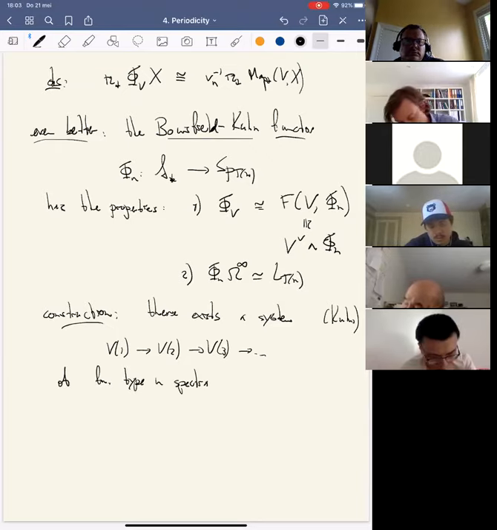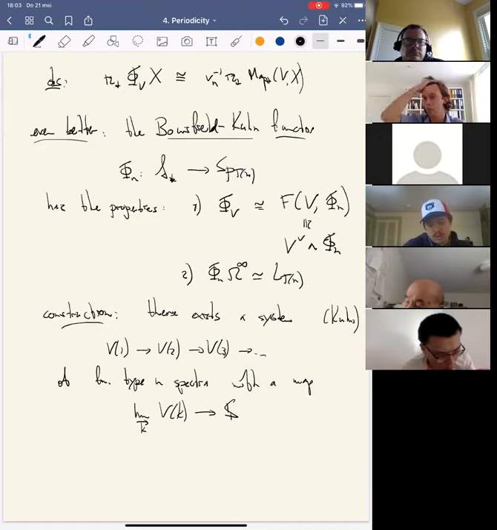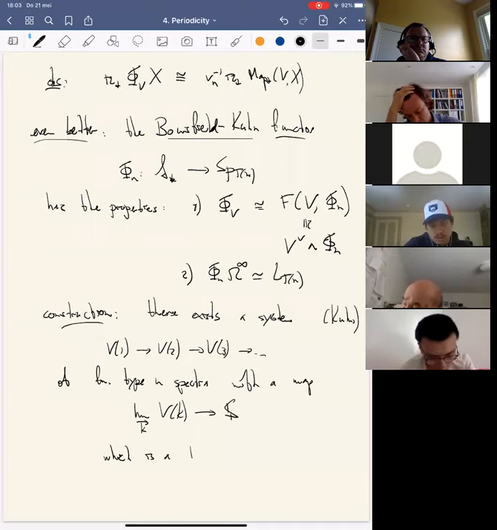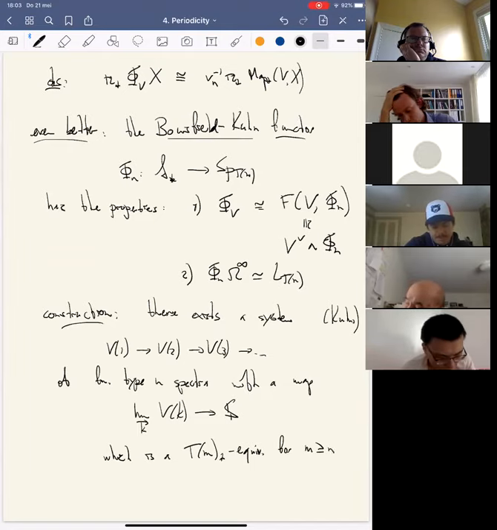with a map from the colimit to the sphere spectrum, which is an optimal approximation of the sphere spectrum from the point of view of Tn homology. So this map is actually a Tm star equivalence for m greater than or equal to n.